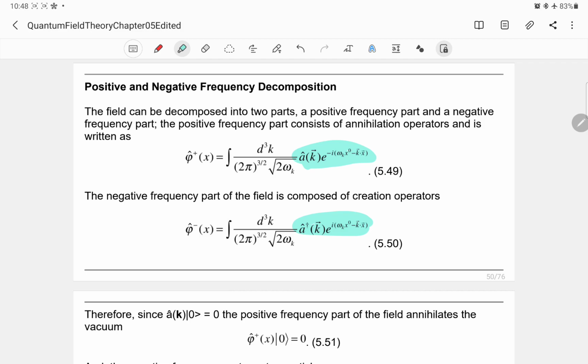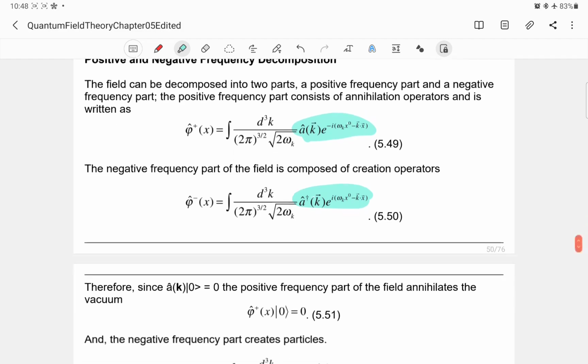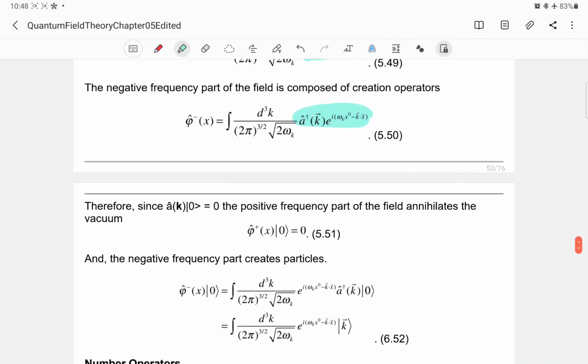So actually you have your phi as a combination of your annihilation operator, positive frequency and negative frequency. Therefore, since applying the annihilation operator to the vacuum gives you 0, the positive frequency part of the field annihilates the vacuum in this case.